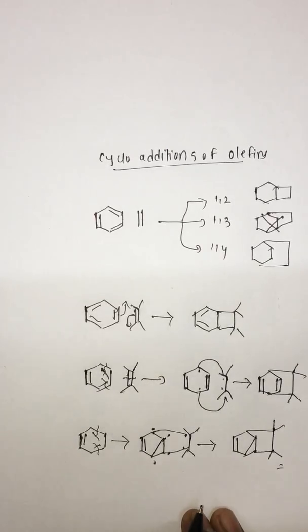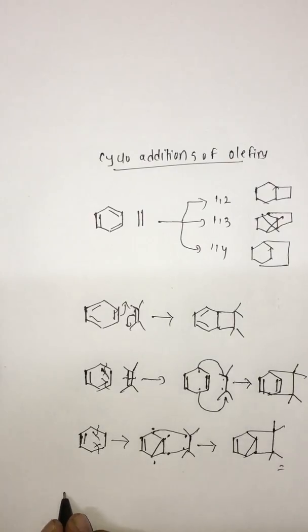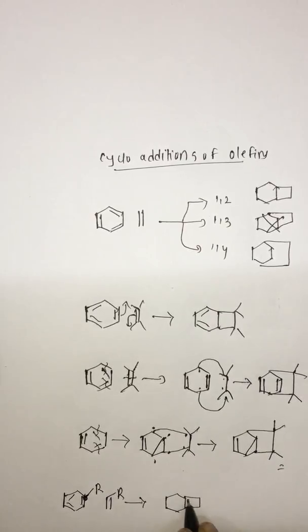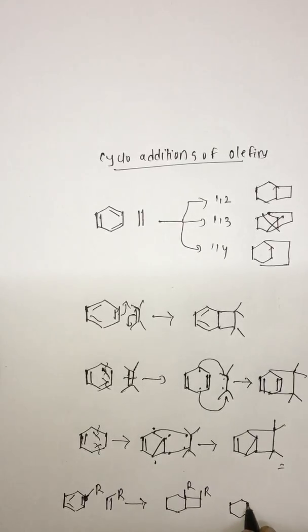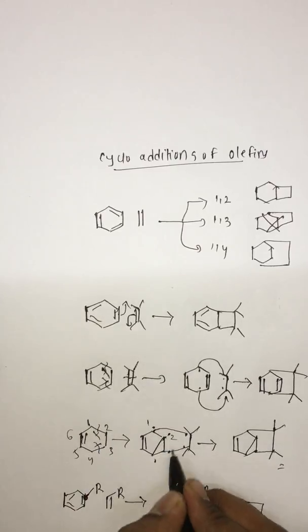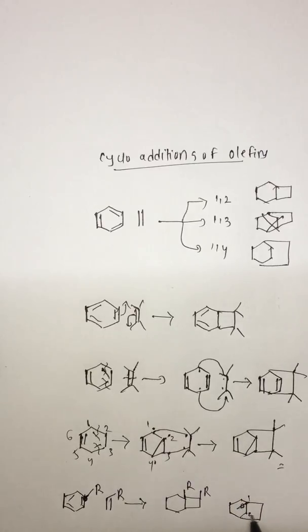And another thing, one rule here. Where the substitution is there, imagine the substitution is here, the ring formation also should take place from here only. If it is an ortho product, this should be the product. If it is a meta product, then this should be the product, 1, 2, 3, 4, 5, 6, there is 2 and 4.